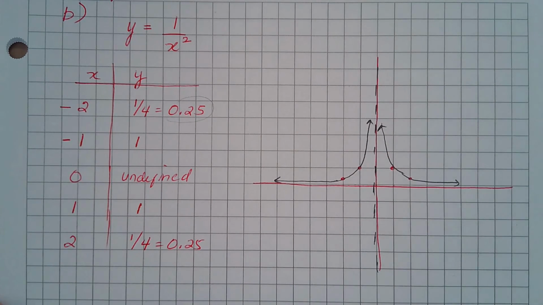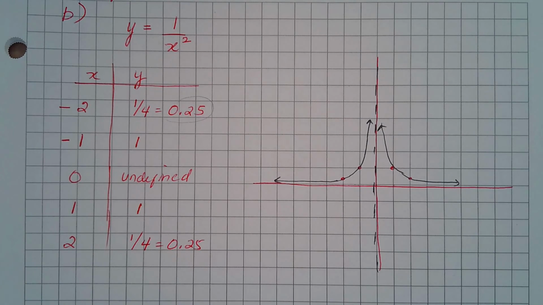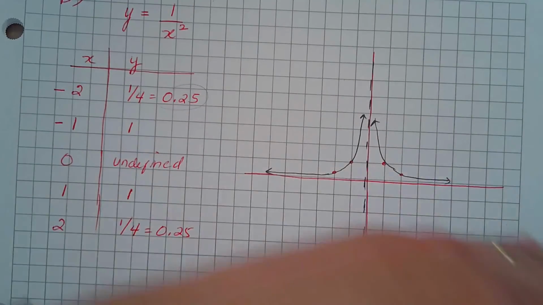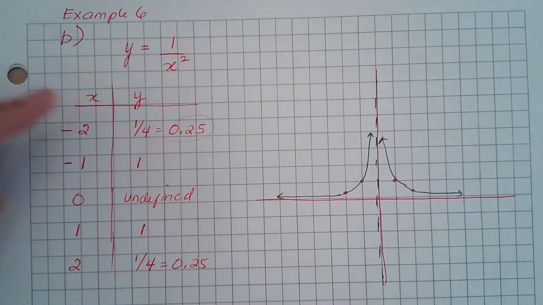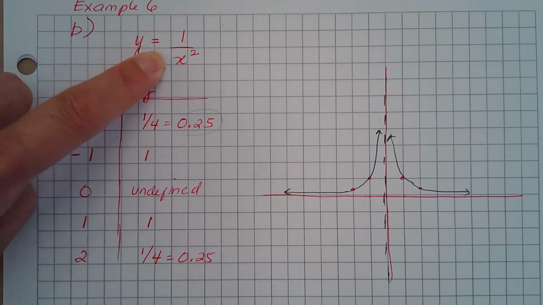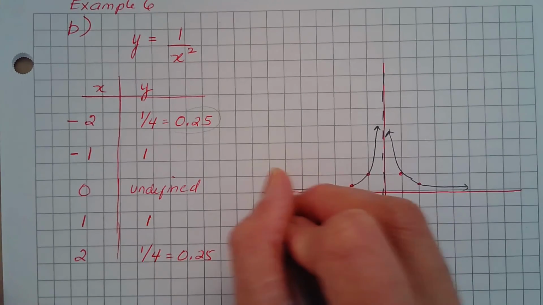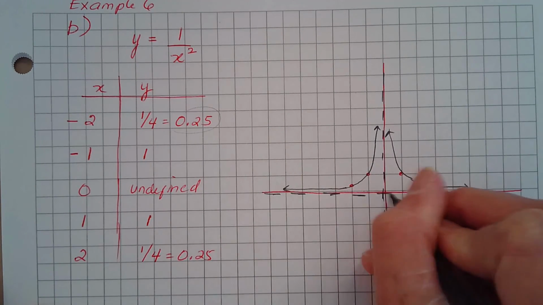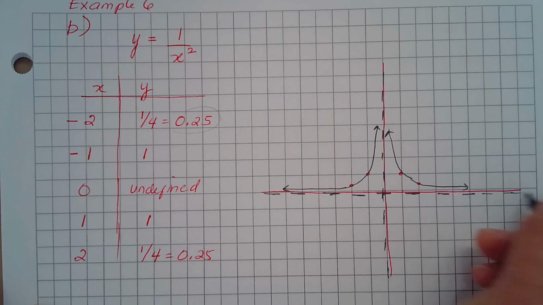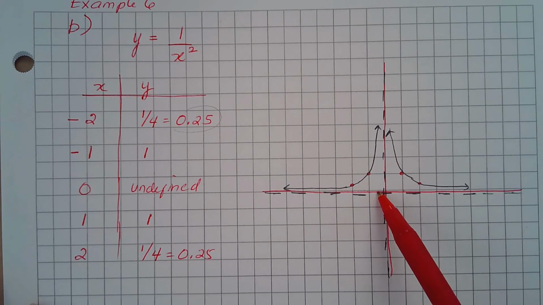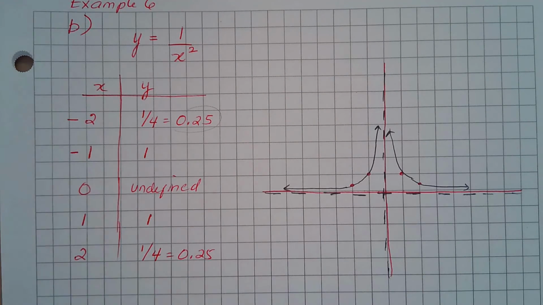Okay, so what are our asymptotes? x equals 0 and y equals 0, because the degree of the denominator is greater than the degree of the numerator. So we've got 2 asymptotes in here. Now for this one, where's my question?